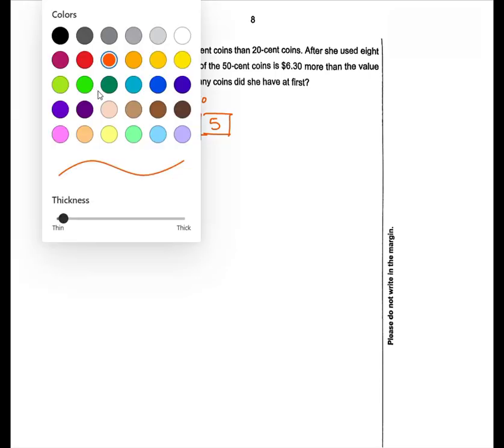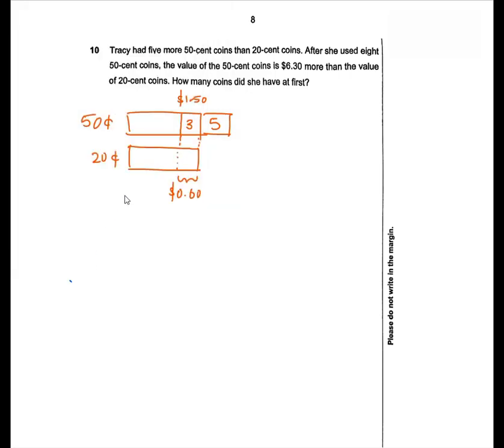Let me change to a different color just to show some variation here. So the value of this 50-cent coins, I do not know how many ever this is. So let me take this as this value, all right? Instead of drawing a bigger box, I'm just drawing a smaller box here. That times 50 cents. And on the other side, I'm comparing the same number of 20-cent coins. But I also have additionally 60 cents.